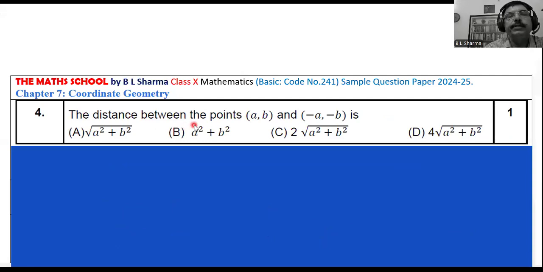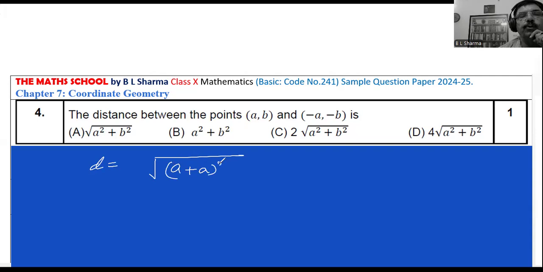The distance between the points (a, b) and (minus a, minus b) is. Here we have to use the distance formula.